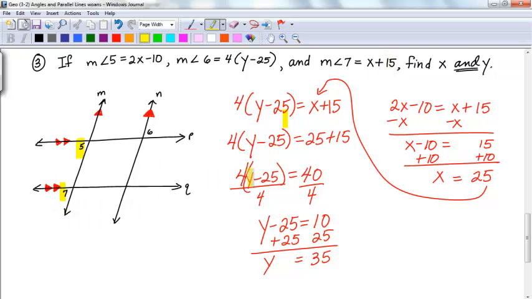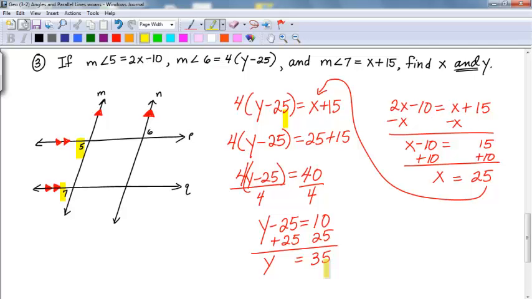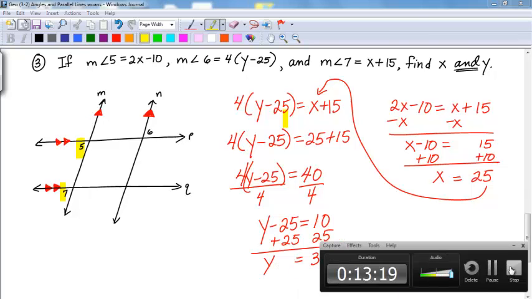Yeah, those are equal. Then if you put 35 back in, 35 minus 25 would be 10, and 10 times 4 would be 40. So you know you've got the right answer. Any questions on that? Okay, that goes in your notebook for your notes on that section.